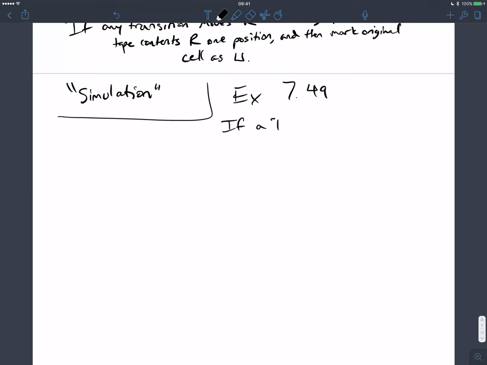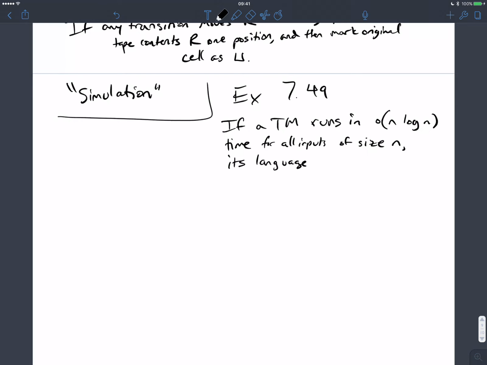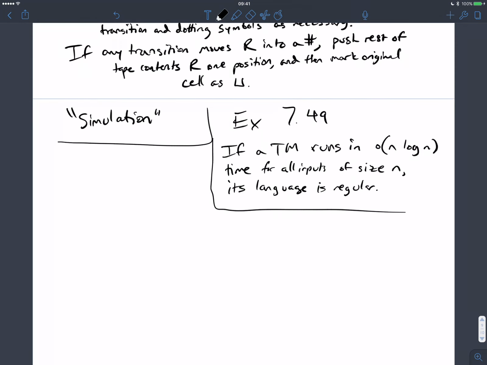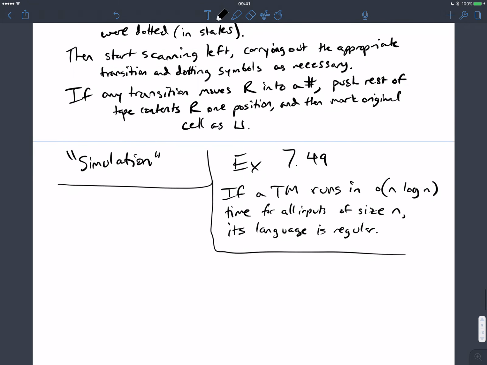If a TM runs in little o of n log n time for all inputs of size n, its language is regular. Okay? So if you can bound the amount of time it takes, you can actually say stuff about the actual language that it recognizes.